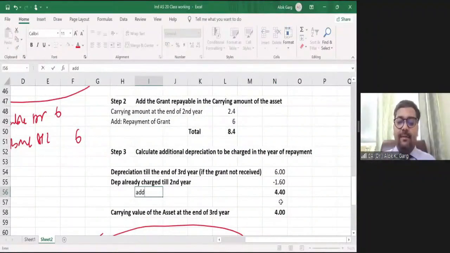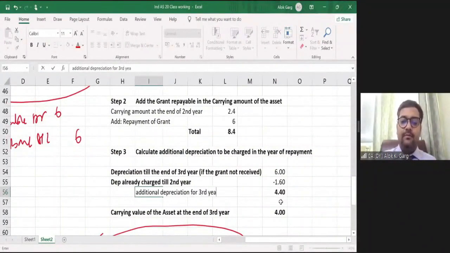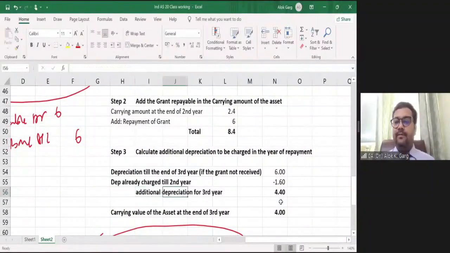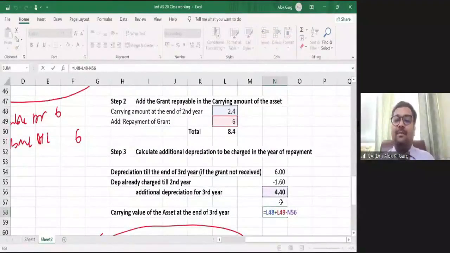It is a catch-up impact. This has to be reduced. So this is 2.4 plus 6 minus 4.4.